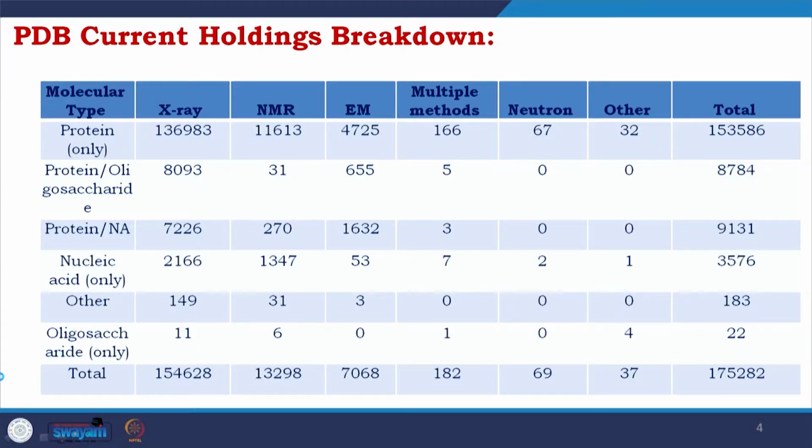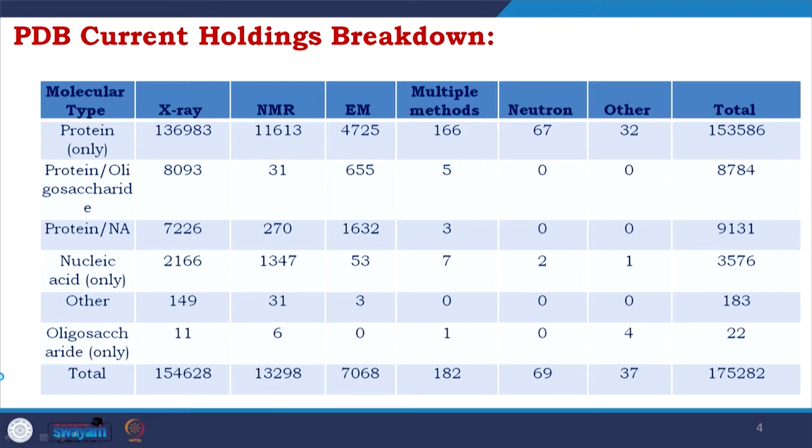If you look at the current holdings of the protein data bank, only protein entries are 1,36,983 by solving through X-ray structure.